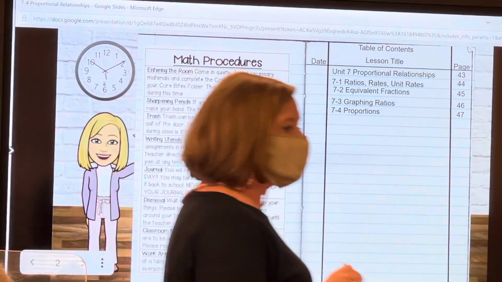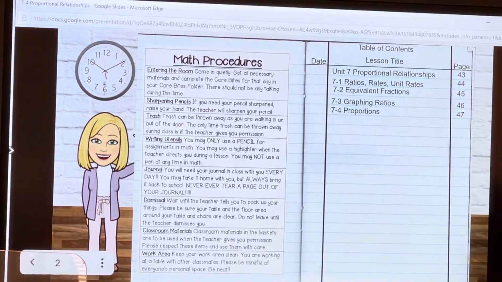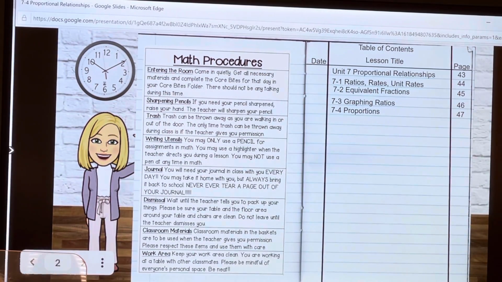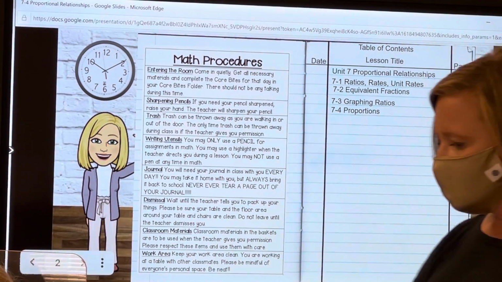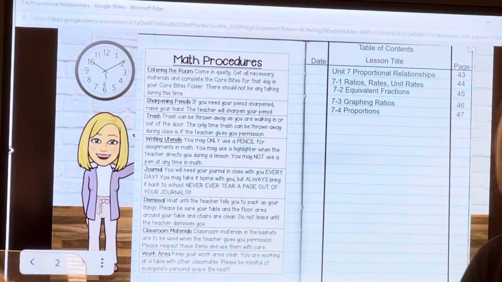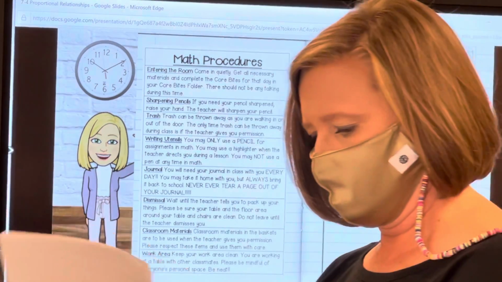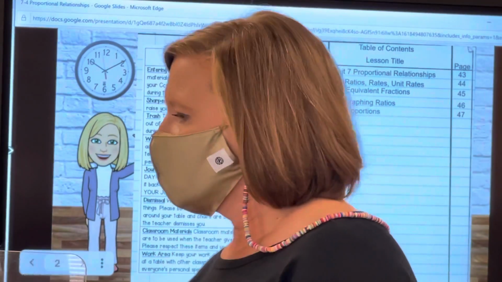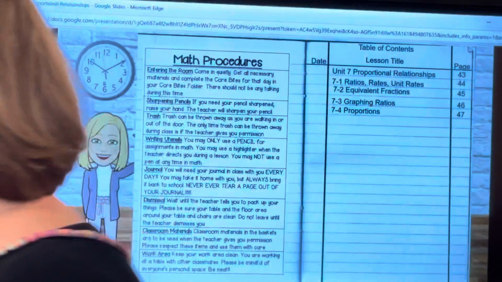Everyone should be on page 47. Table of contents, 7-4. Proportions.